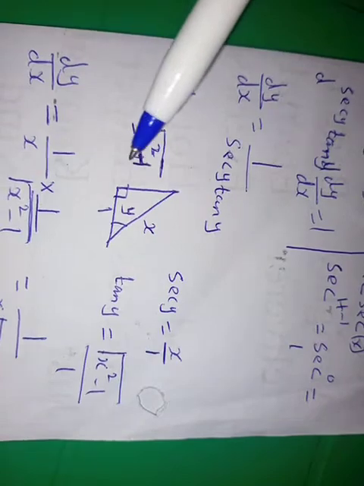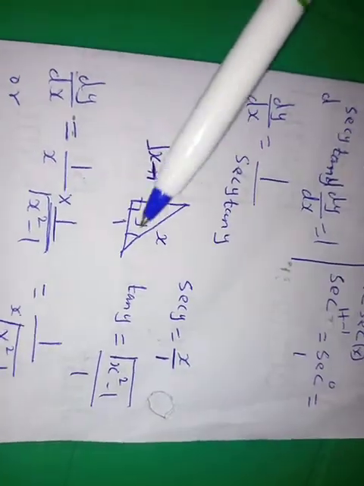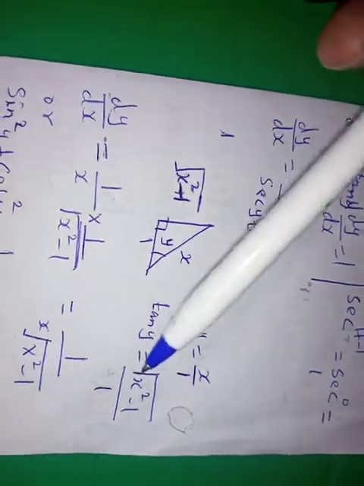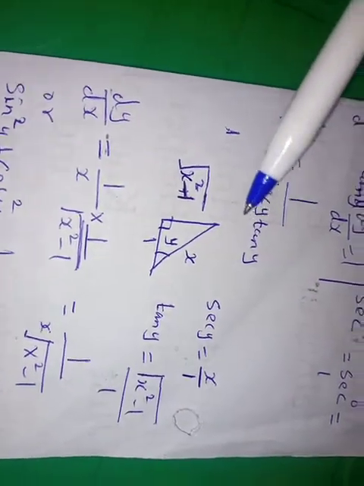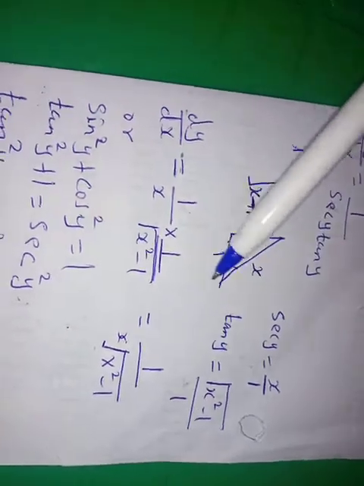So we substitute. Instead of sec y, we write x, because x divided by 1 is x. Instead of tan y, we write the square root of x squared minus 1.